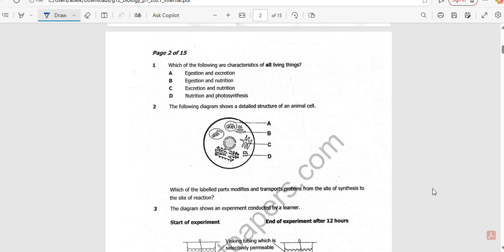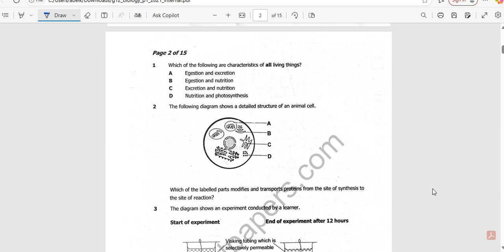So we understand that egestion is part of feeding or nutrition. Then excretion is a topic, photosynthesis is also a topic, and nutrition is also a topic. Now, egestion is under nutrition, under feeding.